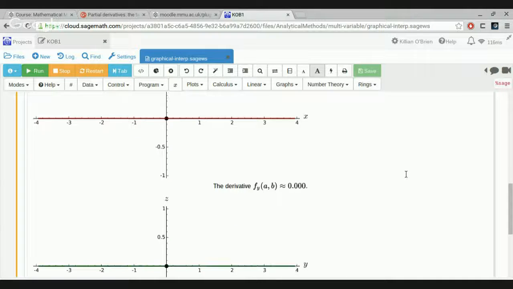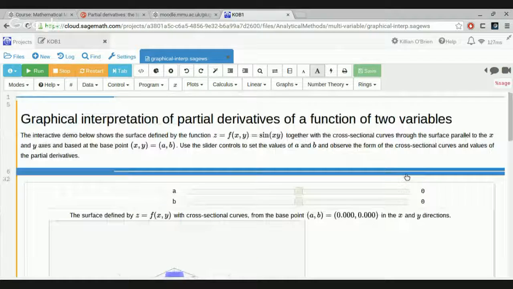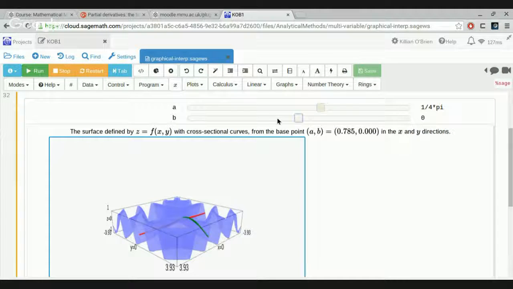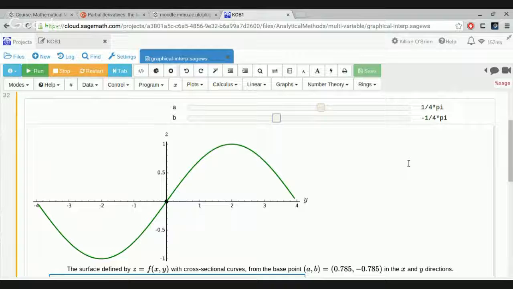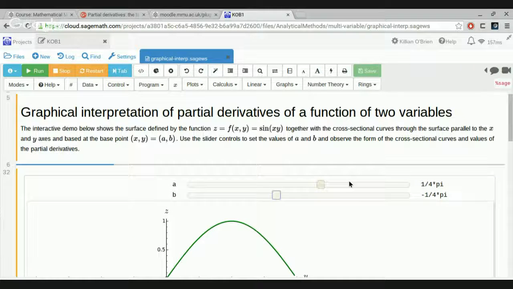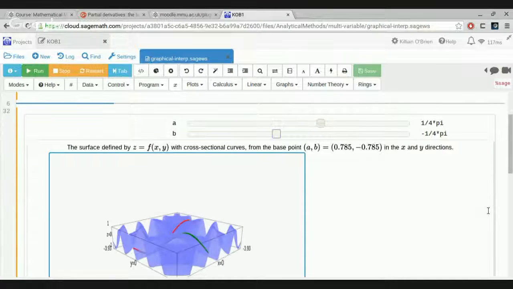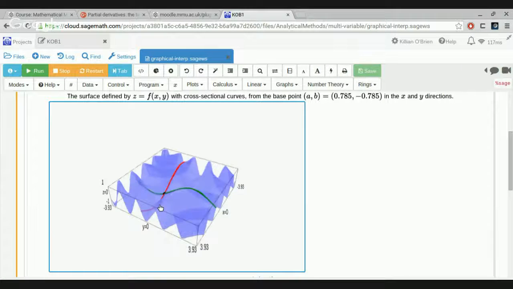In the graphs underneath, I've straightened these out. Now they're not doing anything interesting at the moment because they're both just flat. But when you change the base point, where a and b are the coordinates of the base point, you can see they look a bit more interesting.